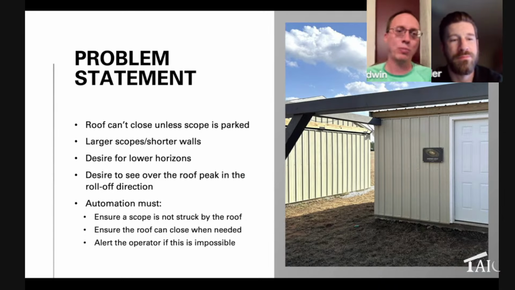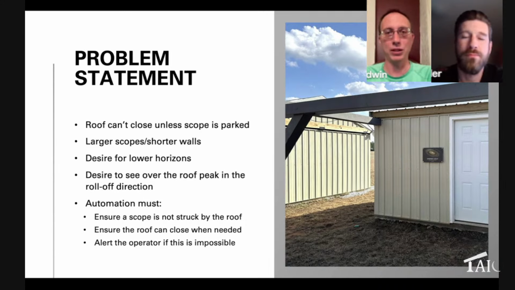So the problem that we're facing here is that a lot of times, if you have a large scope, especially, it may be that in order to get the angle that you want on the sky, it just has to be higher than it can park and allow the roof to close without it being in a certain position.